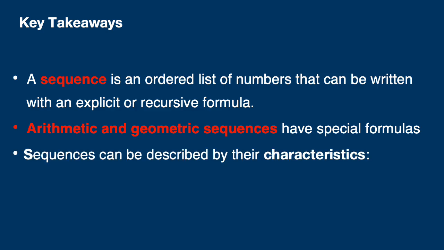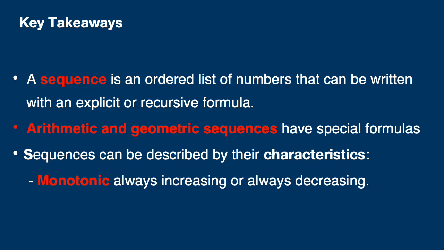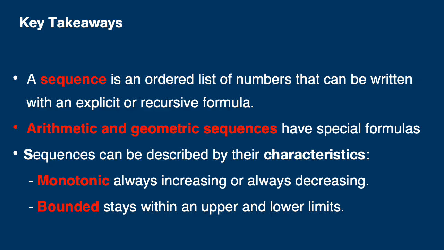A sequence is monotonic if it always goes in one direction, either increasing or decreasing. And a sequence is bounded if all terms stay within certain limits, never going above or below set values. If so, we call it bounded.